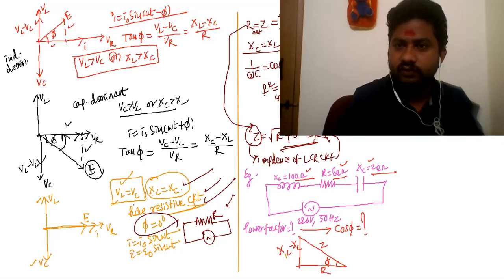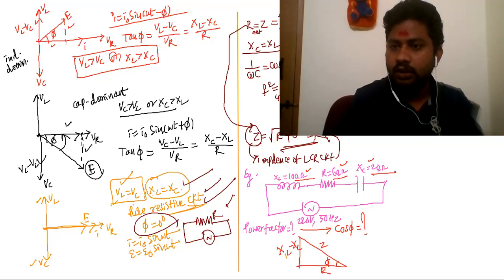So what is Z? We have the formula: Z is equal to square root of R square plus XL minus XC whole square. R square is 60 square, plus XL minus XC, which is 100 minus 20, so 80 square.